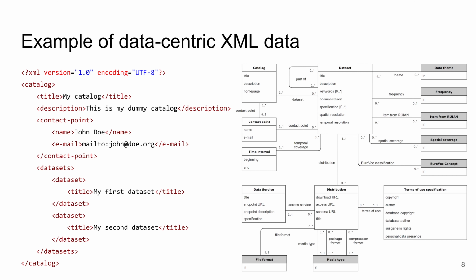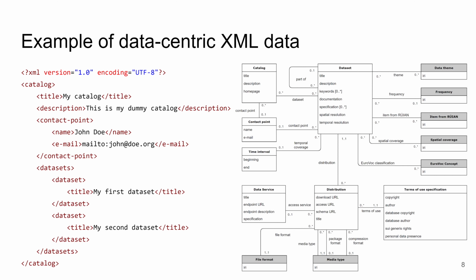And then we follow the edges and the attributes. So we add the title, description, and contact point, for instance, and then we use the XML nesting, the hierarchical structure of XML, to actually nest the connected instances of connected classes.